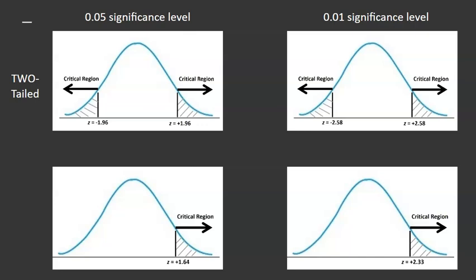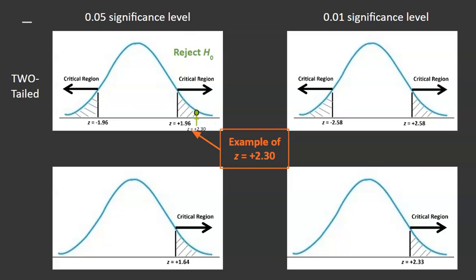Now, let's use an example to explain significance levels and their influence on statistical power. The first example assumes that the sample in our study had a z equals plus 2.30. When using a 0.05 two-tailed test, the sample z-score will fall in the critical region and we will reject the null hypothesis. Our study is statistically significant.